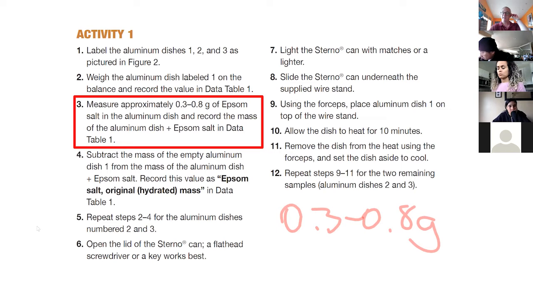So when it says between 0.3 and 0.8, don't use just a single decimal. You want at least 2 significant digits in your mass, or you won't get an accurate number of moles of water. Then we subtract the mass of the empty dish, and that's going to be our mass of hydrate.